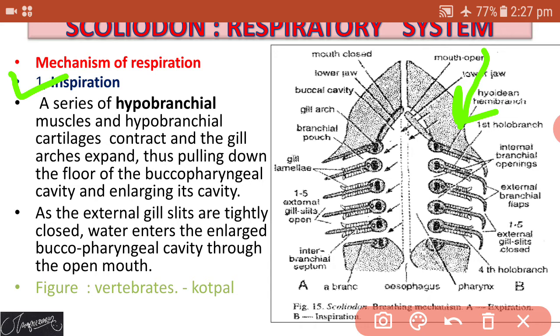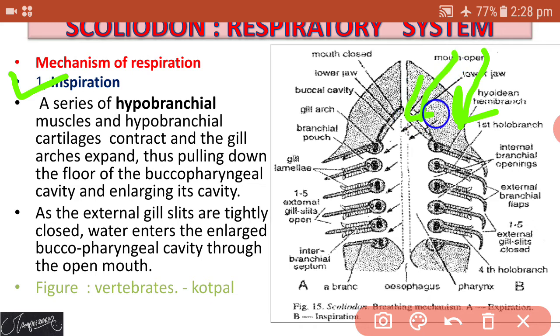A series of hypobranchial muscles and hypobranchial cartilage contract, and the gill arches expand, thus pulling down the floor of the buccopharyngeal cavity and enlarging its cavity. That is simply what happens at the time of inspiration.